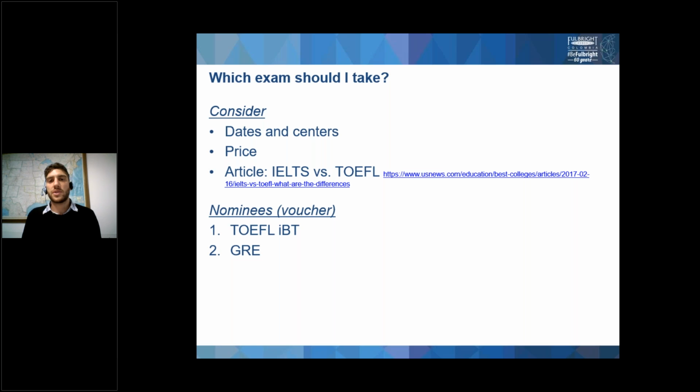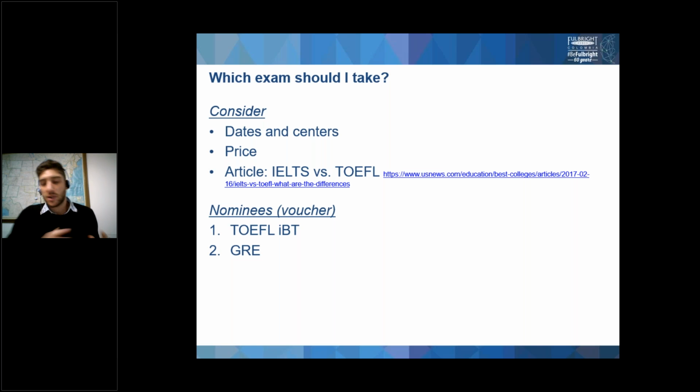So which exam should you take? It really depends on you and what you're interested in doing. For example, if you want to apply for universities in the US, in case you don't win the Fulbright scholarship, or you just want to apply to universities right away, I would recommend the TOEFL IBT.